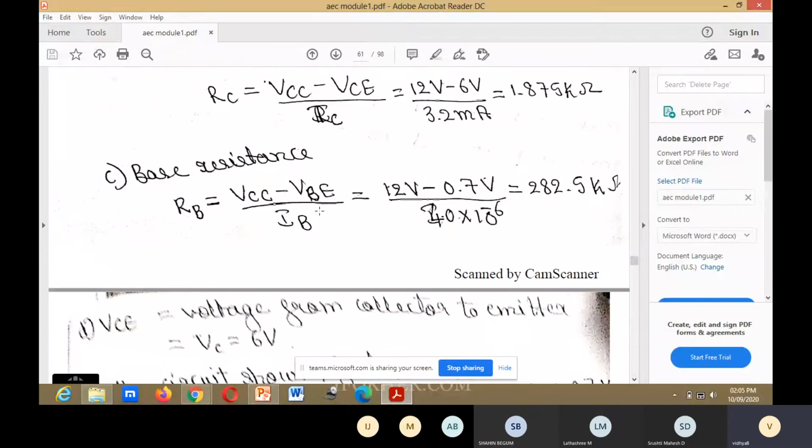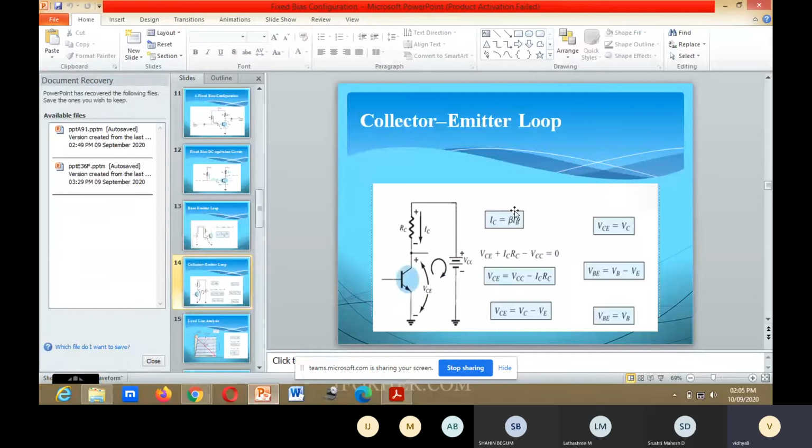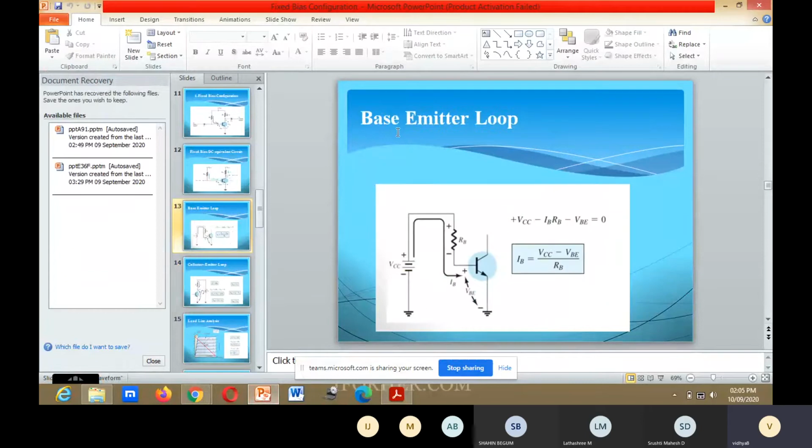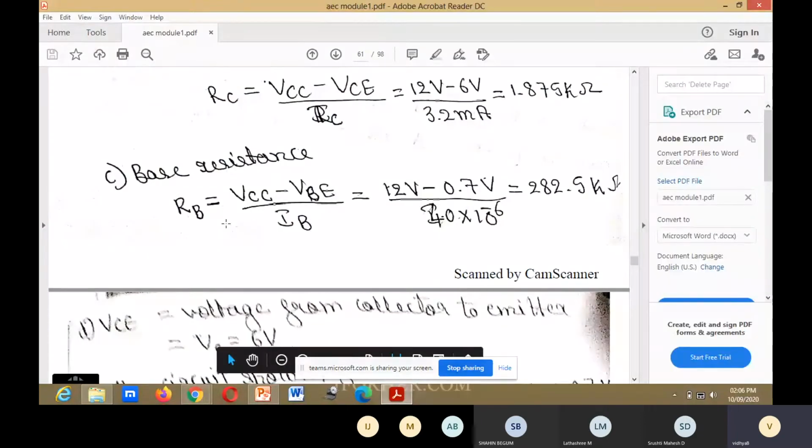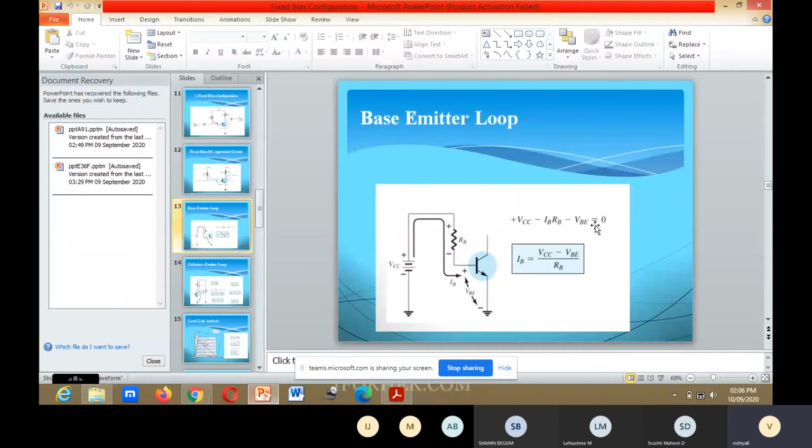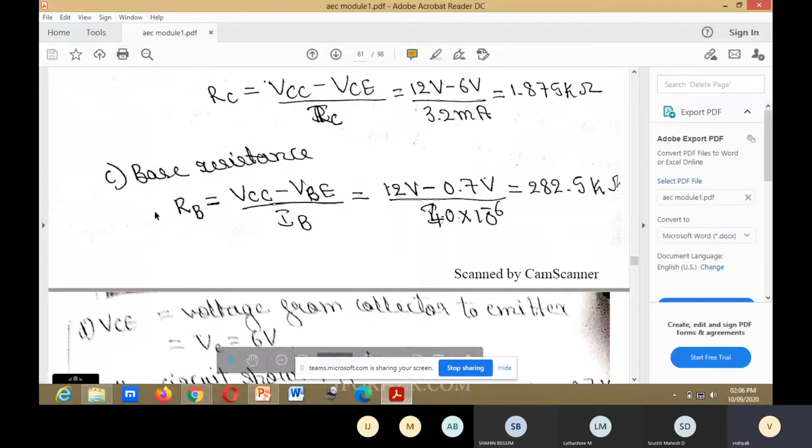Next, base resistance RB. We will write the base emitter loop. In fixed bias configuration, we consider the base emitter loop and write the equation. What we want to find out here is resistance RB. From that equation, take out RB.